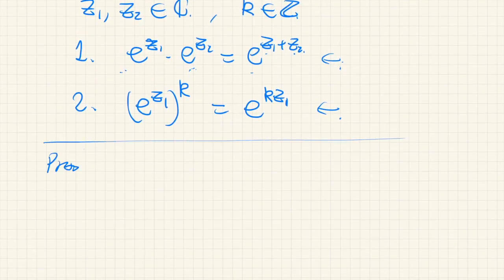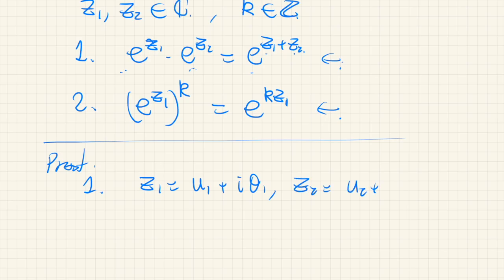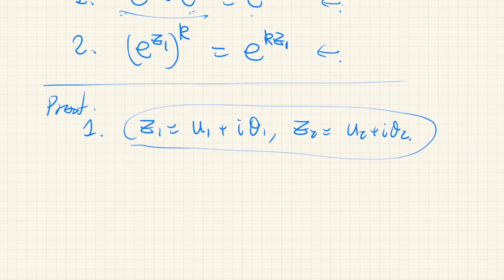Okay, proof. So how do we prove this? First, let's say z1 is equal to u1 plus i theta 1, and z2 is equal to u2 plus i theta 2. So substitute these into the left-hand side.